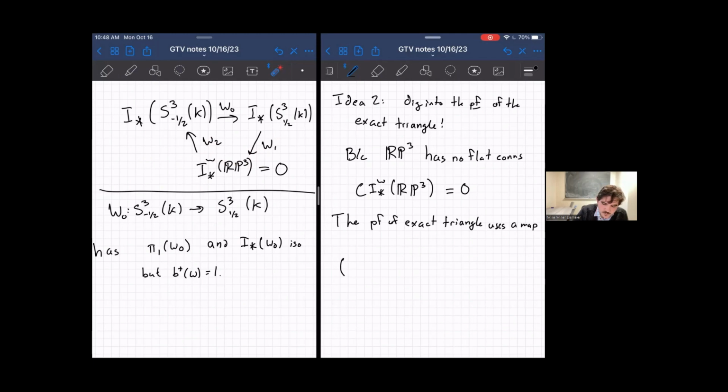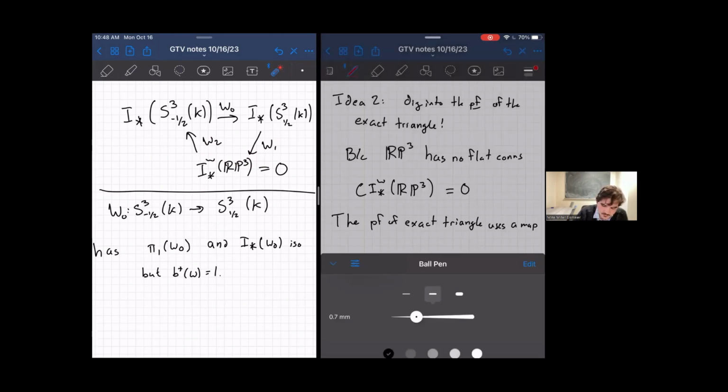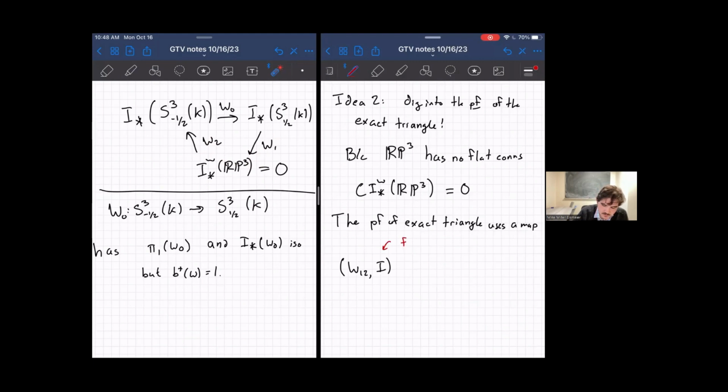I'm going to write W12 for that composite and I for a certain family of metrics on that composite, interpolating between lengthening the neck where the RP3 is and alternatively splitting off a copy of CP2 bar.